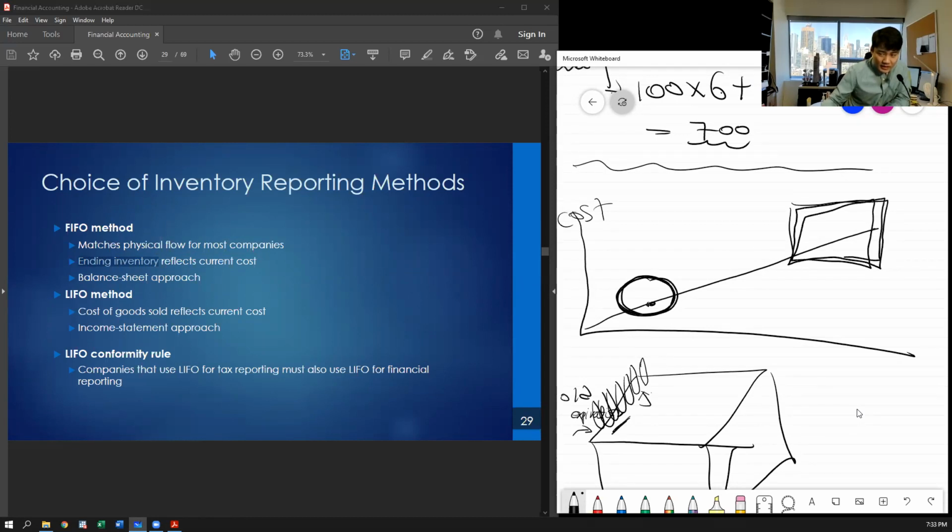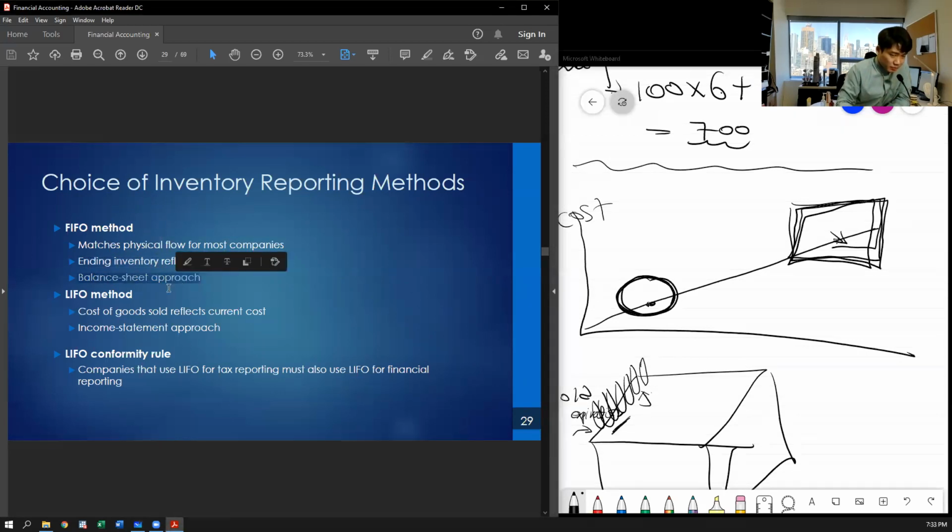So the ending inventory for that company will be closely matched with the current cost of inventory, right? Since the ending inventory reflects the current cost, we usually call it a balance sheet approach. The ending inventory reflects the current cost, and that's why this is called a balance sheet approach.